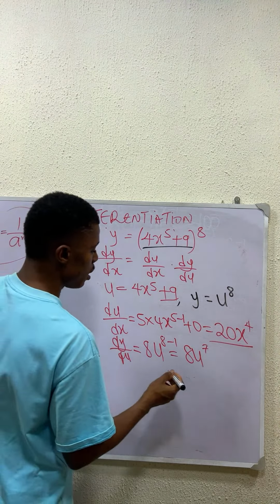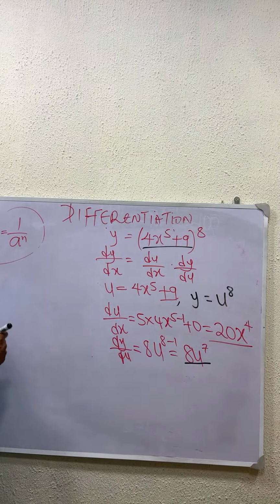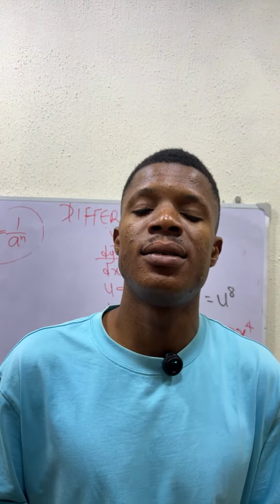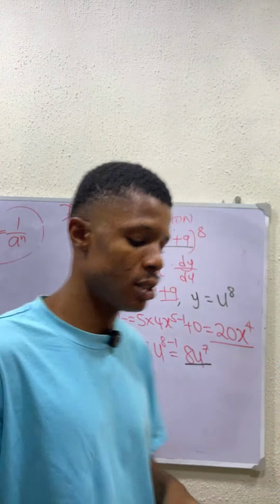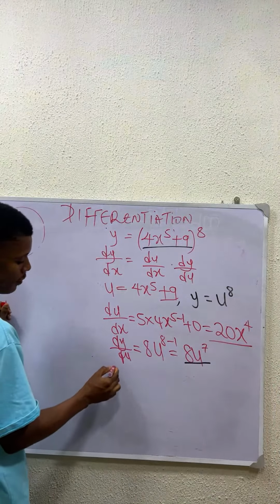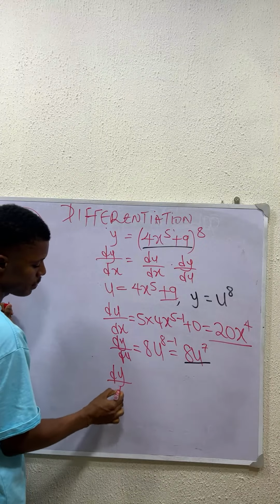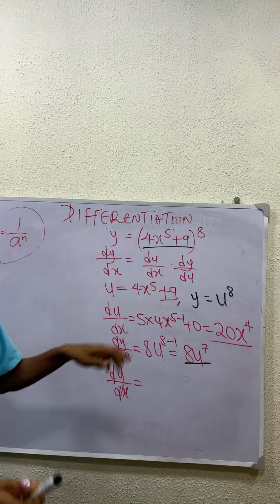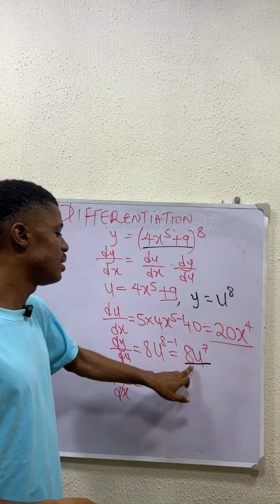Then the next one is to put it in the formula. For you that told me that I should re-explain the last bit, this is where the last bit comes in. So now differentiating y with respect to x will be equal to the first one, differentiating y with respect to u, and this is it.